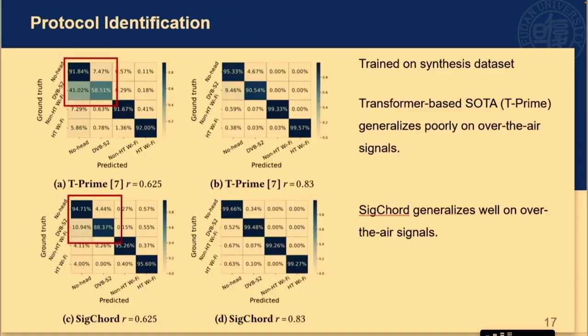In terms of protocol identification, C-code outperforms the transformer-based sorter T-prime, particularly on over-the-air DVB-S2 signals.